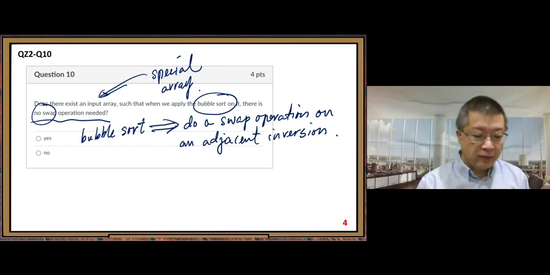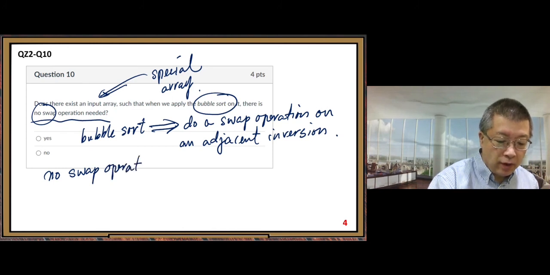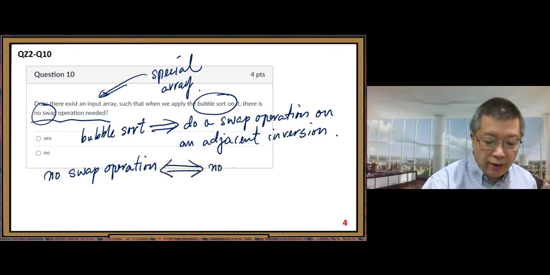Now, with this background, we can say this: no swap operation. If that could happen, that means no adjacent inversion.